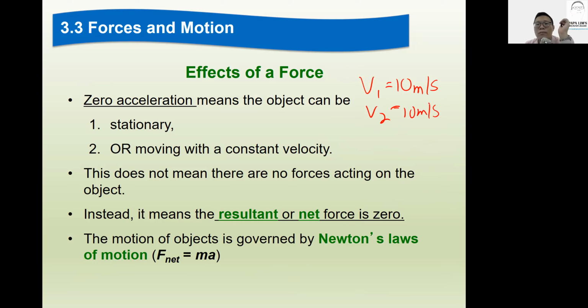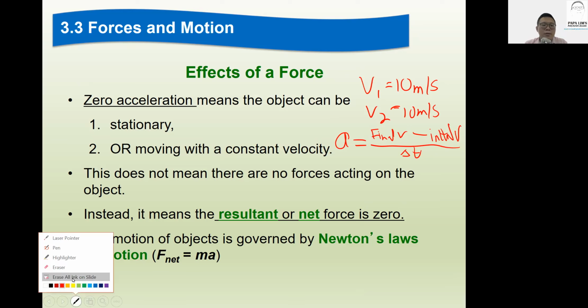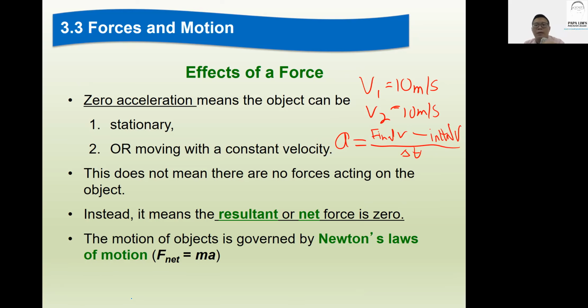We'll go back to the first basic principle of kinematics, whereby the formula for acceleration is final speed minus initial speed, divided by time taken. In this case, the final speed I'm looking at is 10 meters per second, and the initial speed is also 10.